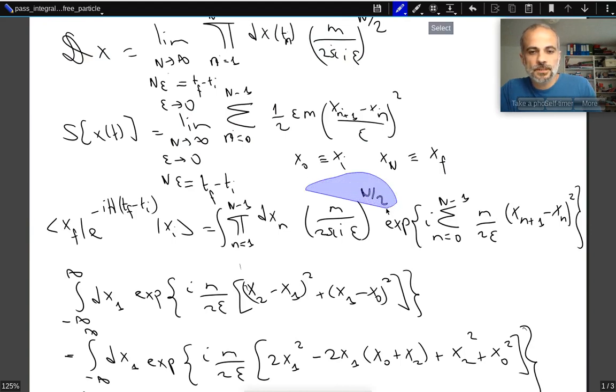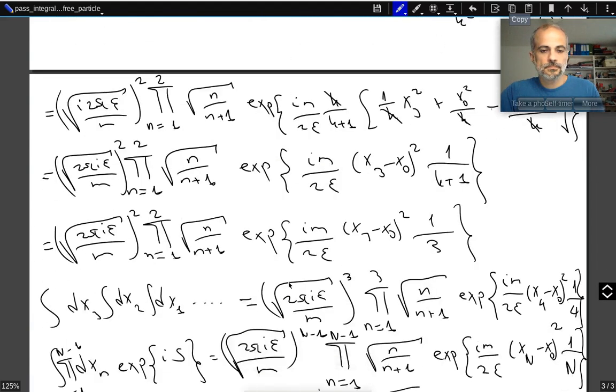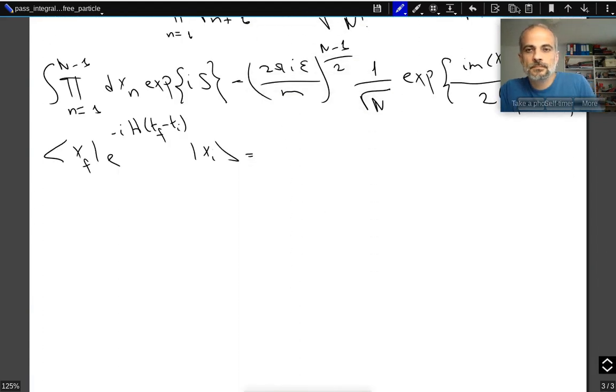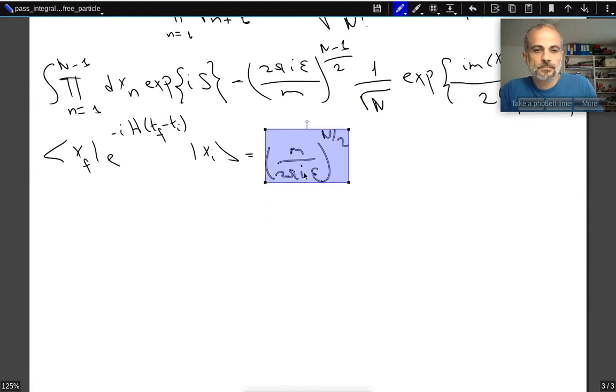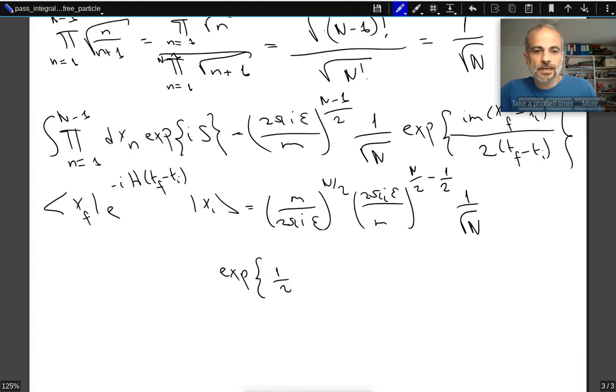So we have this term in addition to our integrals, times 2 pi I epsilon over m to the power n over 2 minus 1 over 2, 1 over square root of n, and the remaining exponent, 1 over 2 I times 1 over 2 m xf squared minus xi squared divided by tf minus ti.